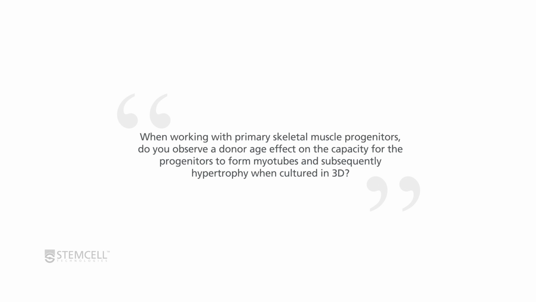So I think ultimately at the level of the muscle progenitor, at least in the readouts that we're looking at, we don't see any obvious differences between tissues made from young versus old donors. But as we expand the metrics that we assay in the 3D system, I imagine we'll start to see differences emerge when we compare those two scenarios.